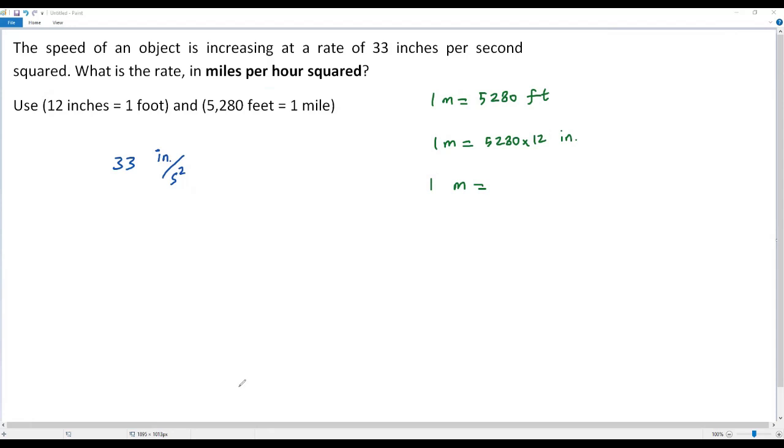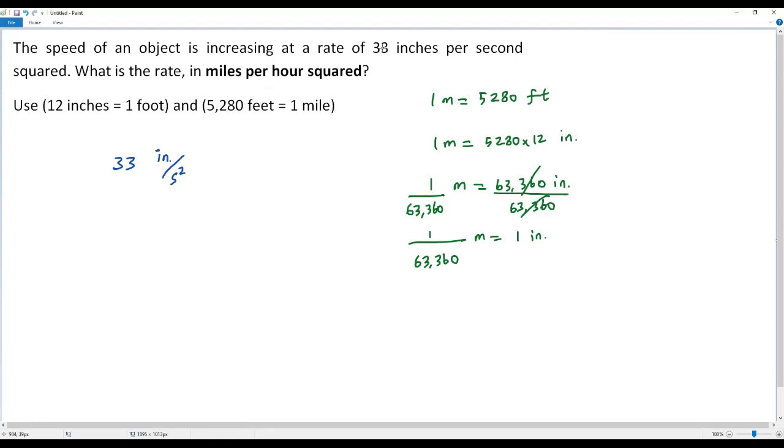When I do so, I am getting 63,360 inches. Now let me divide both sides of this equation by 63,360. Here this one will cancel. I'm getting 1 over 63,360 miles equals 1 inch. Here I got the number of miles that is equal to 1 inch.